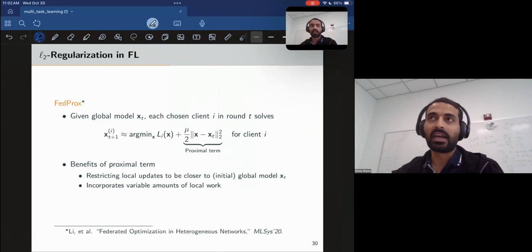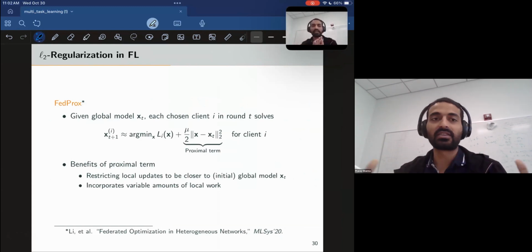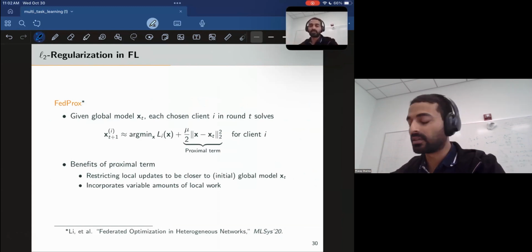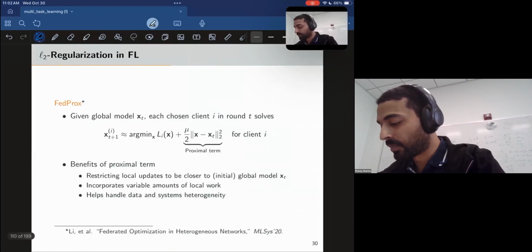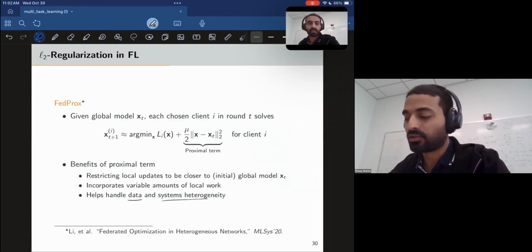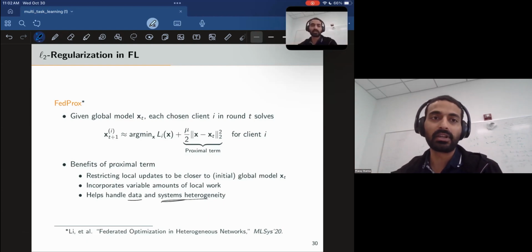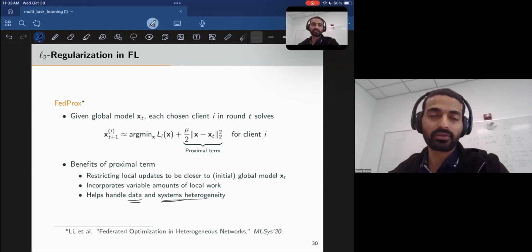This prox term helped us incorporate various amounts of computation at the different devices. And it also helped them handle data and system heterogeneity. System heterogeneity is when different clients have different computational capabilities and so on. Data heterogeneity is when the data distribution across clients looks very different.